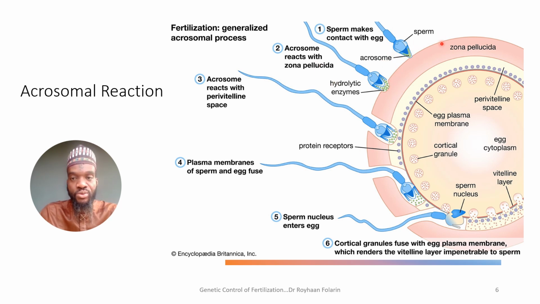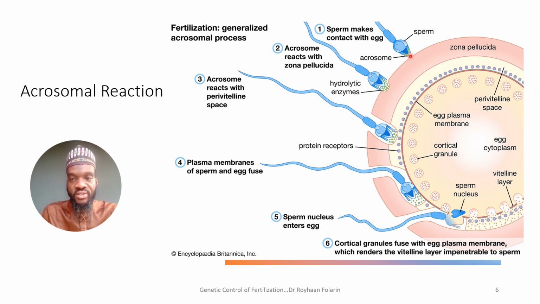So after a spermatozoon comes in contact with the egg, the acrosome, which is this prominence at the anterior tip of the spermatozoa, then undergoes a series of well-defined structural changes.